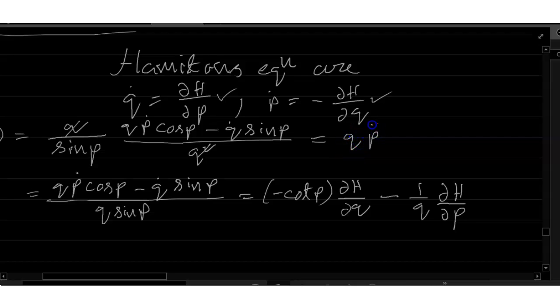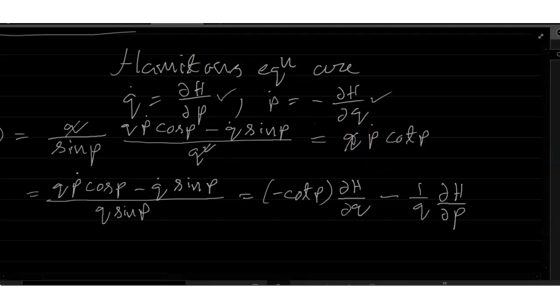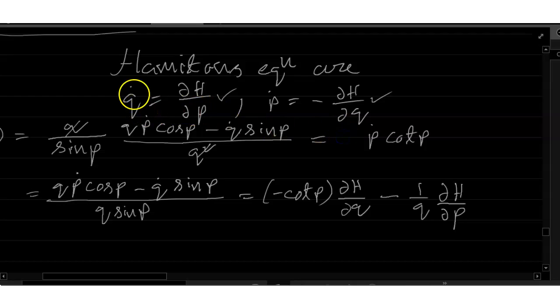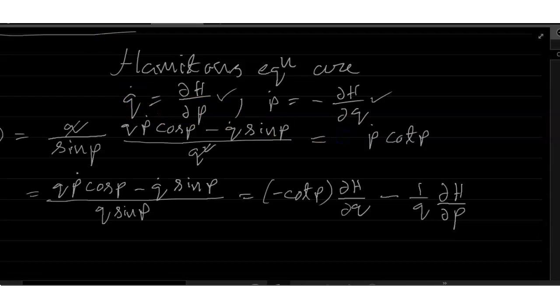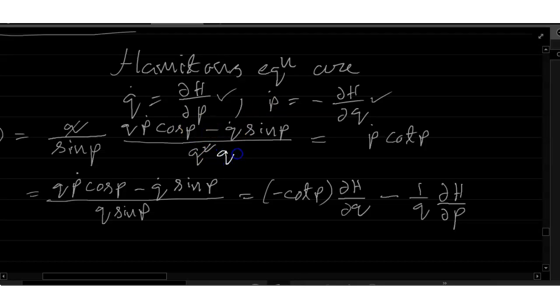q p dot cot p and p dot is equal to minus del h by del q. Okay, and this q is cut, so this portion will cut. After simplifications, this q is also cut, so it can be written in here q.